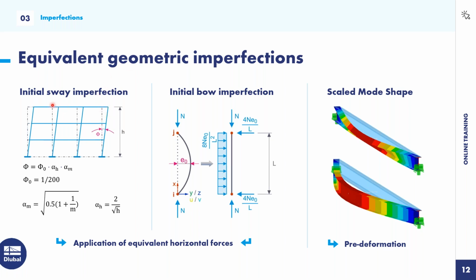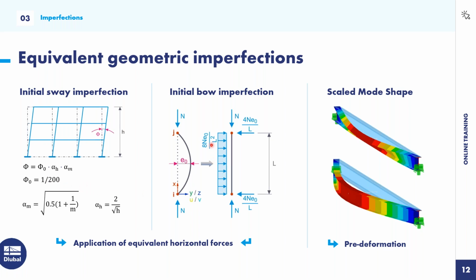On the left side, we have here this initial sway imperfection. This is applied on the structure and considers an inclination of our whole structure. So it's a kind of global imperfection, and there we consider a default value of 1/200. When I have additional effects like the height and also the rows of columns, I can make this value smaller.